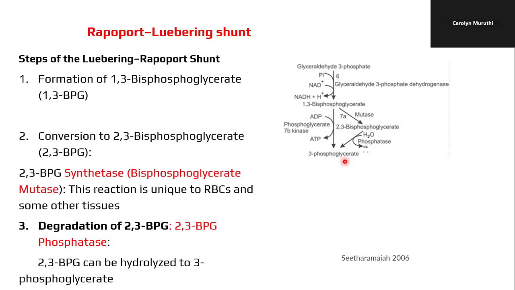However, it is important to note that this shunt bypasses the ATP-producing step at phosphoglycerate kinase, and this means that every time erythrocytes make 2,3-bisphosphoglycerate, they sacrifice 1 molecule of ATP.